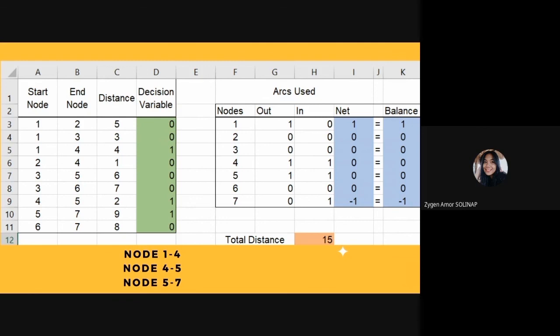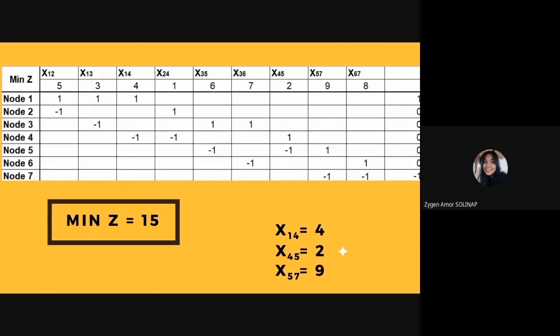So sa node 1, may isang result lang ng outflow and 0 result sa inflow niya. So if we compare sa decision variable, isang beses lang naging decision variable ang origin node na 1 and never naging decision variable ang end node na 1. So same lang din yan sa other nodes. And as you can see, equal yung net and the other constraint.